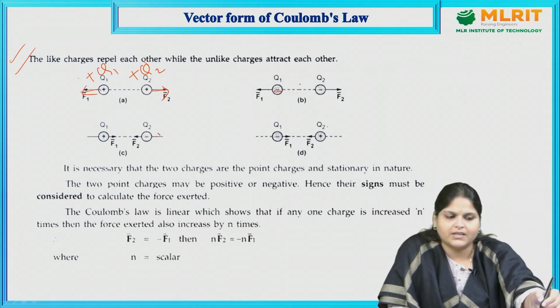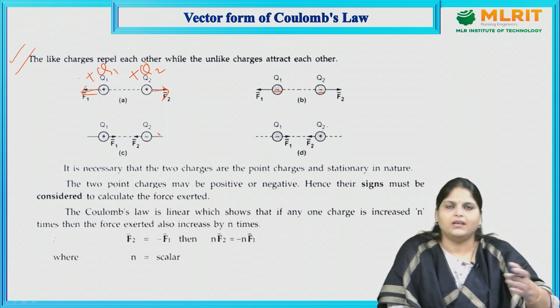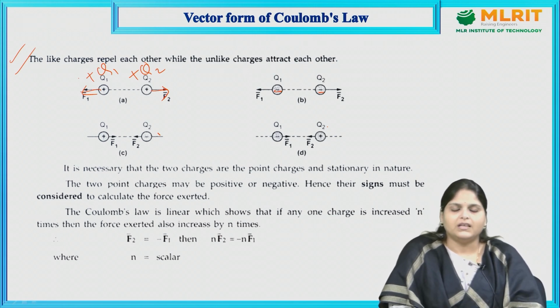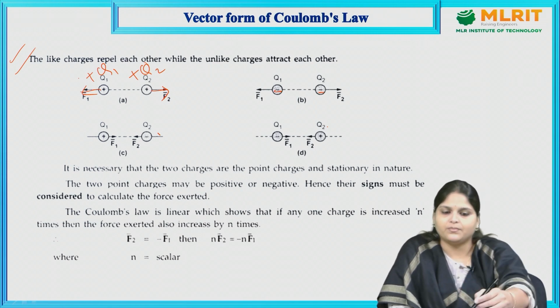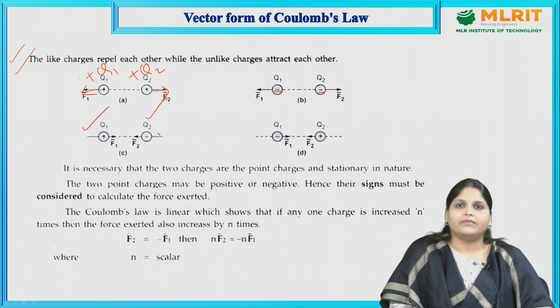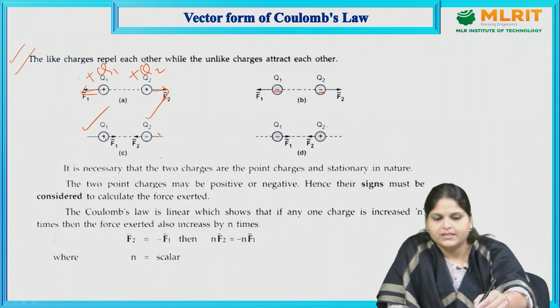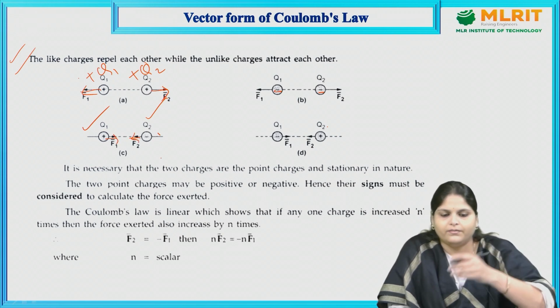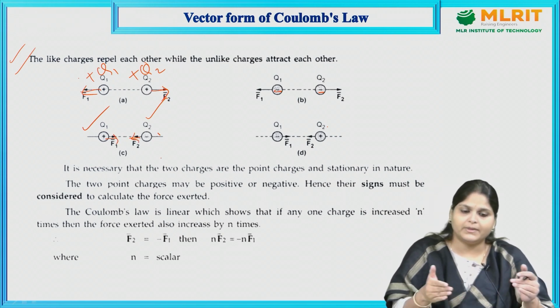Similarly for negative charges also, because they are same, they will be repelling each other. If the charges are not same, means one is positive charge, another one is negative charge, so they will attract each other, right?